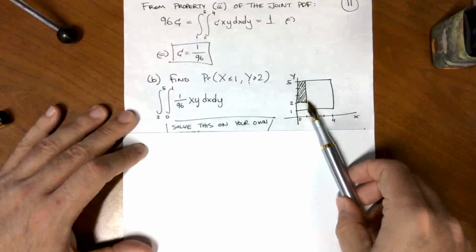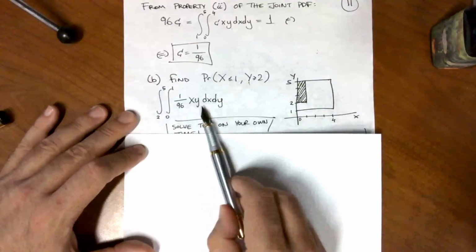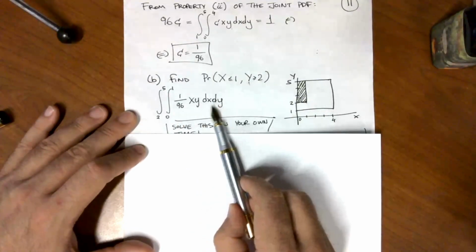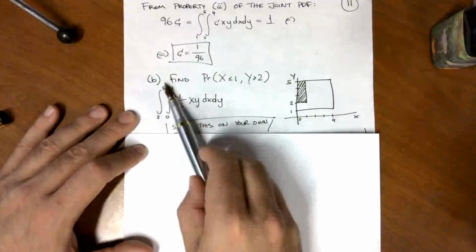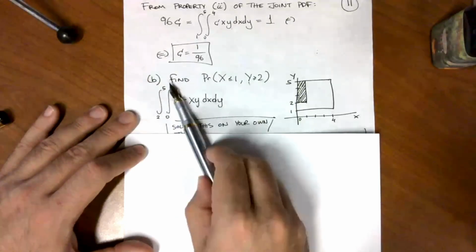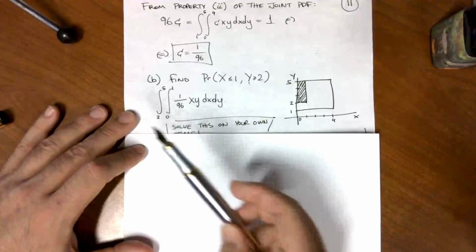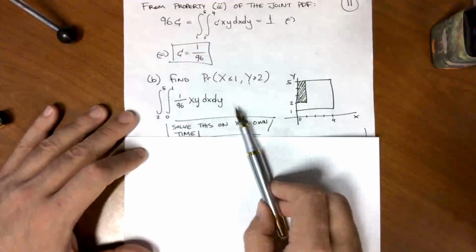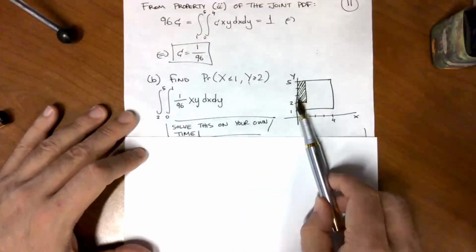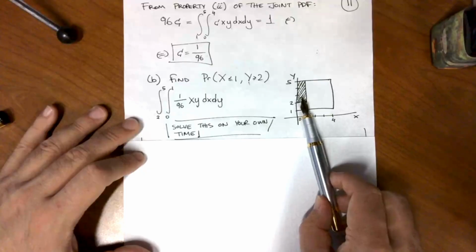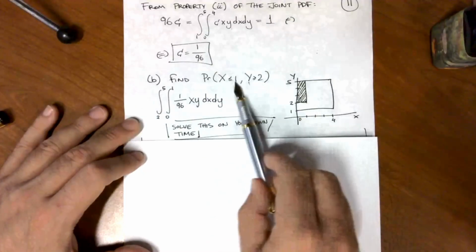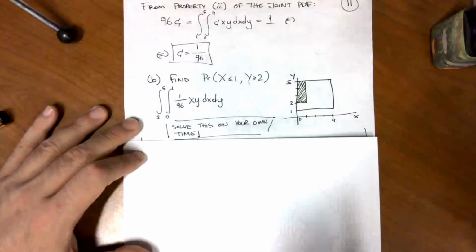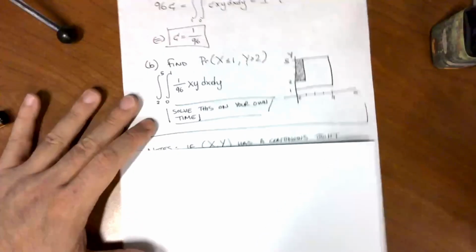How do you solve this? Well, you plug your f of x comma y into the double integral. You define the exact ranges for the x variable and for the y random variable. You solve this integral, and you get a number that is the probability that x is less or equal to 1 and y is greater or equal to 2.